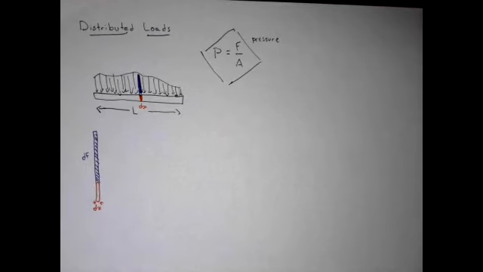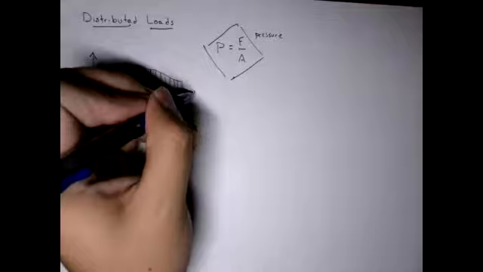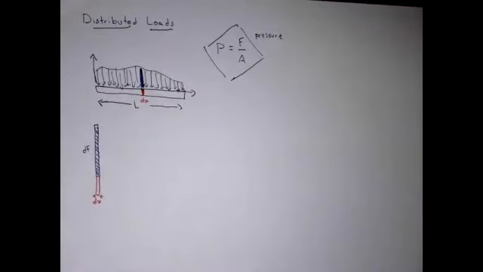You see, when we deal with distributed loadings, we typically plot our loads as if they were on an XY plane, in this case, a two-dimensional case. So I can give a name to this distributed load.